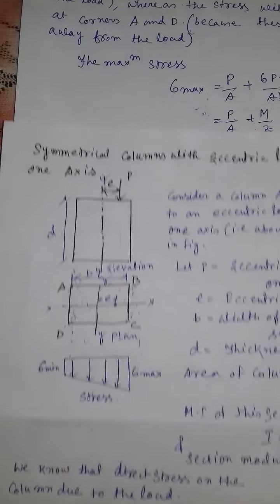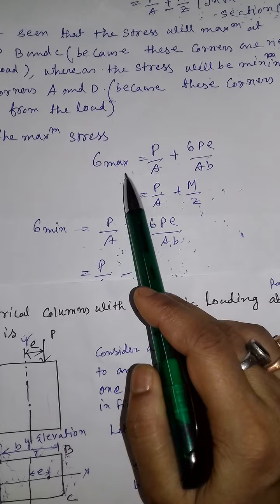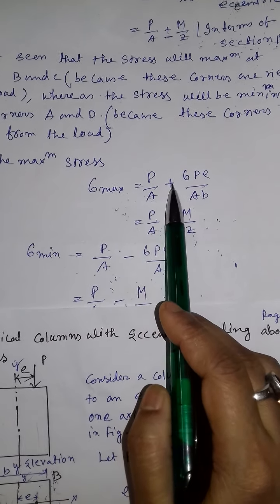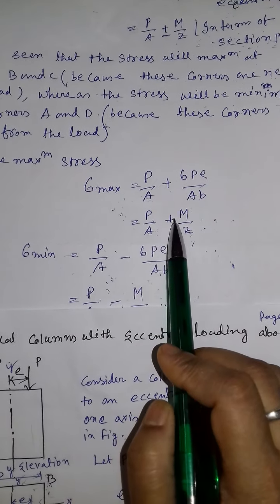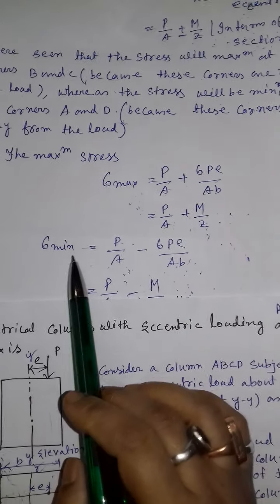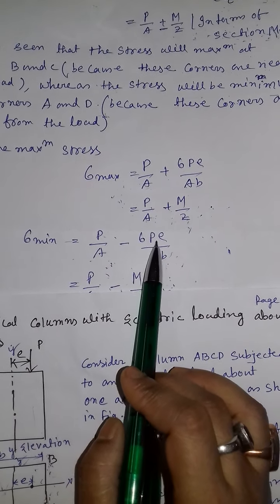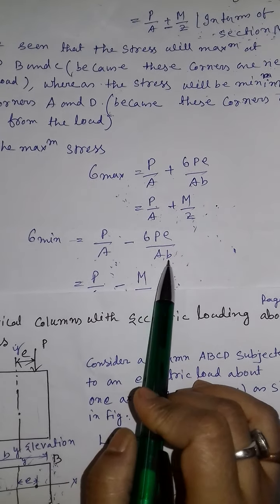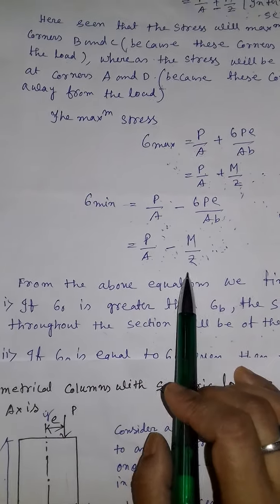So the maximum stress we can write sigma max is equal to P by A plus 6 P e by A into b, or P by A plus M by Z, or sigma min is equal to P by A minus 6 P into e by A into b, or P by A minus M by Z.